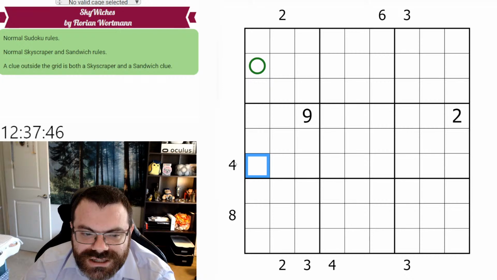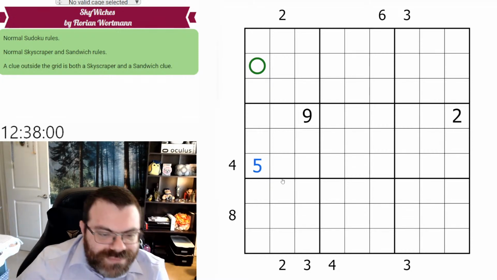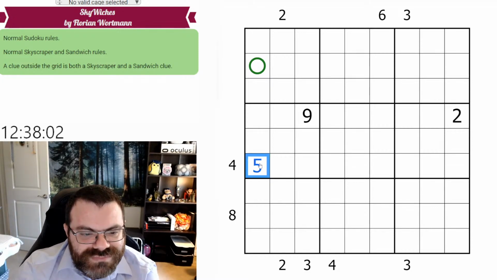A skyscraper clue is a little bit more complicated to understand, but let's take this forward again. From the vantage point of the clue, you would imagine that each cell is a skyscraper, and its height is the value you've put in there. So let's say I put a 5 in here. That means that this is a skyscraper of height 5.